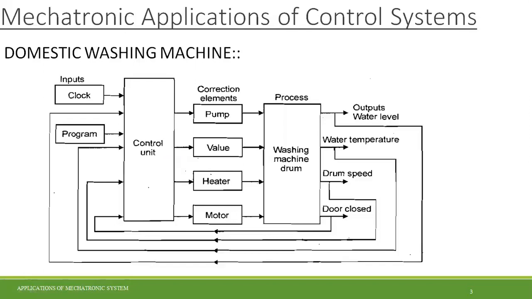Depending upon the inputs, the program will run based upon the microprocessor, and the controller will take the necessary actions: at what time the pump needs to be opened for the washing machine drum, and how much time it needs to work for a number of operations.